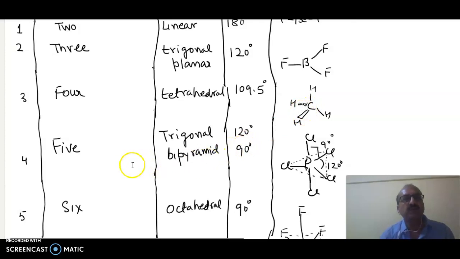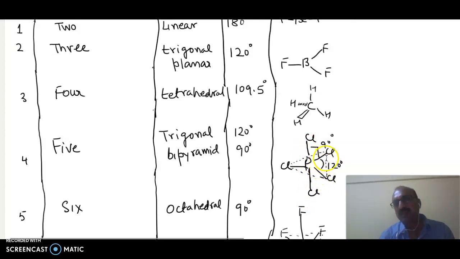Now, if we go to a molecule which is surrounded by 5 electron pairs, as in the case of PCl5, then the best possible arrangement is a trigonal bipyramid arrangement, where the 3 chlorines are in the same plane, one chlorine is in the upward direction and the other chlorine is in the downward direction.